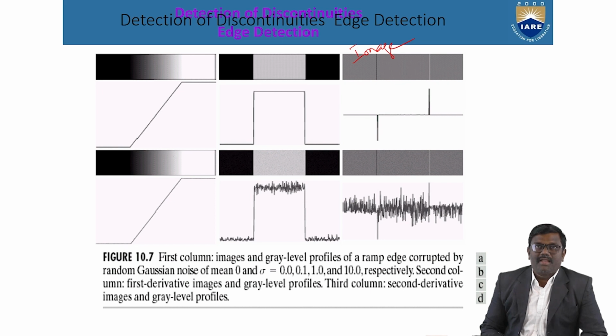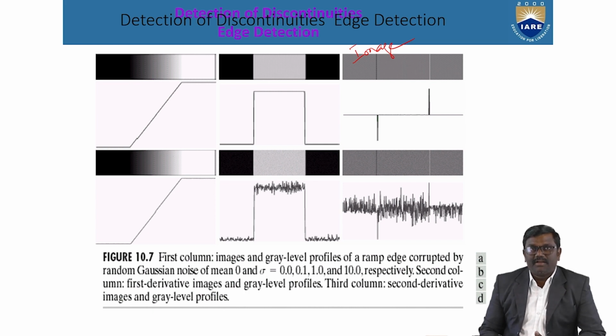The first column shows images and gray level profiles of a ramp edge corrupted by random Gaussian noise of mean value 0 and sigma, which we represent here in terms of noise of image and sigma values respectively.